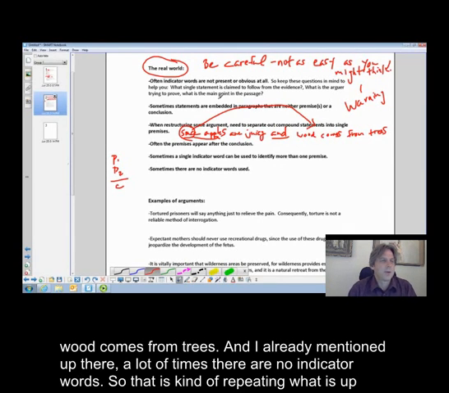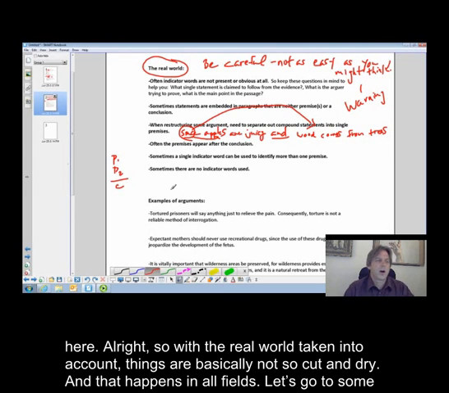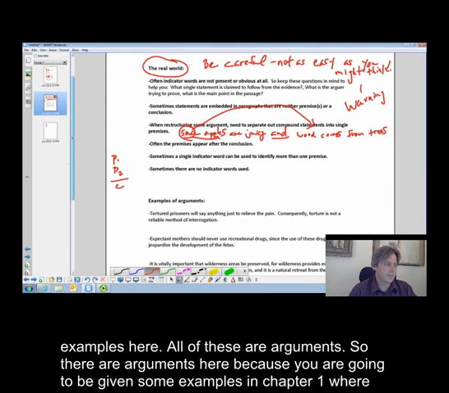And I already mentioned it up there. A lot of times there are no indicator words. All right, so with the real world taken into account, things are basically not so cut and dry, and that happens in all fields. Let's go to some examples here.